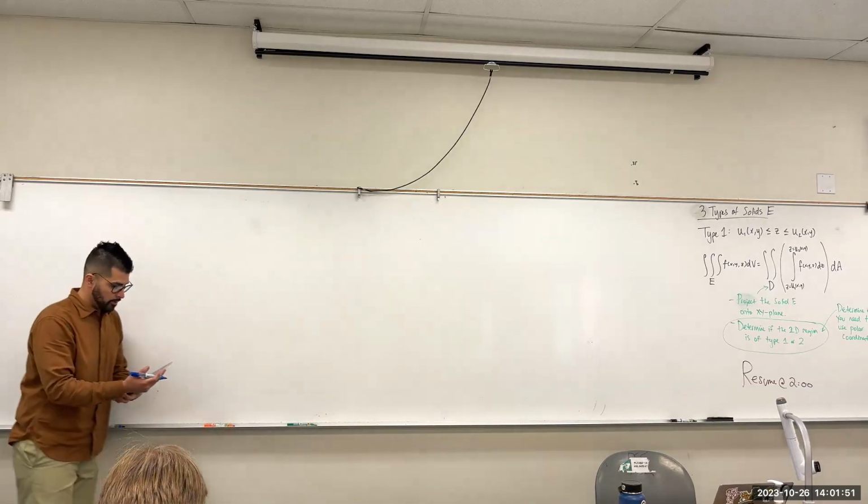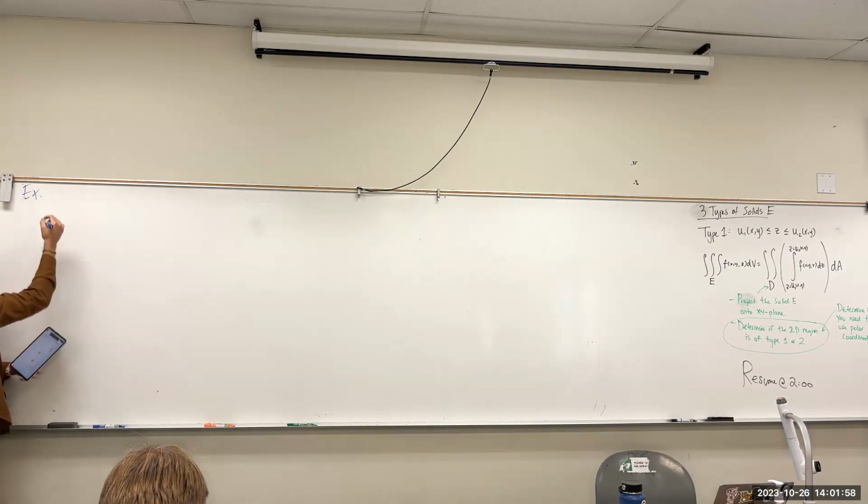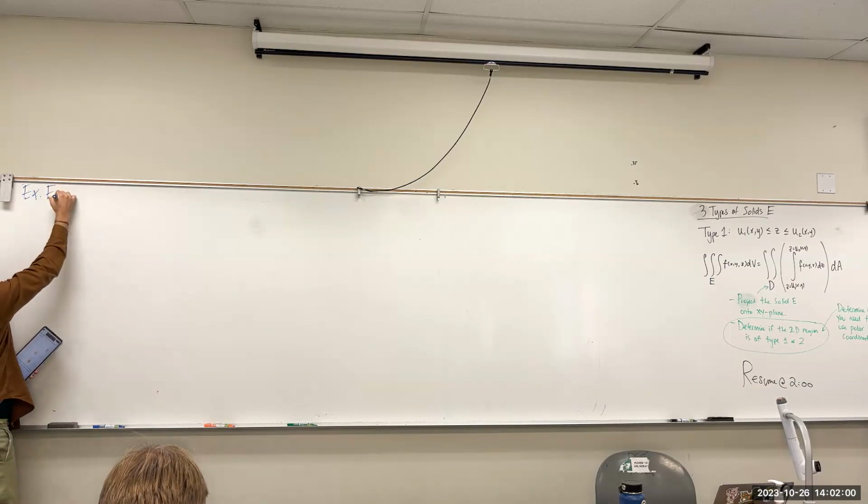All right, let's try one of these out. We're going to really break it apart and spend all these grids here to help you out. So here's what a homework problem will look like.